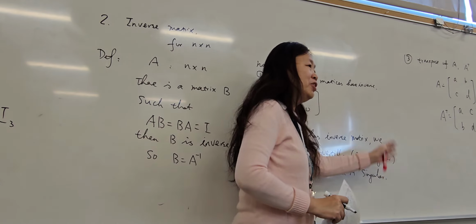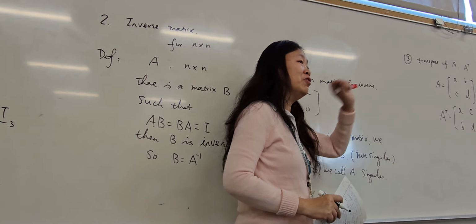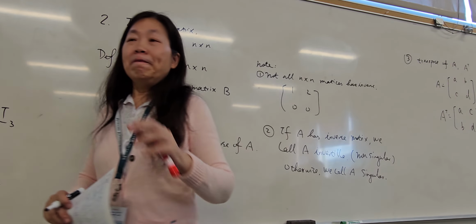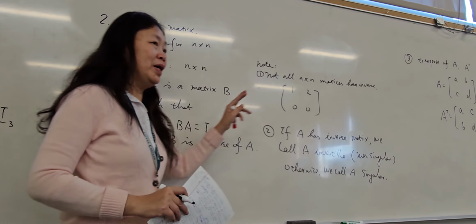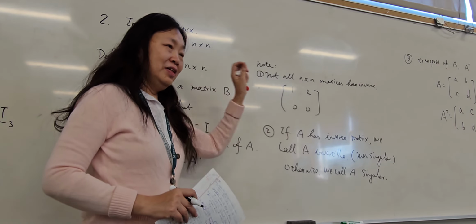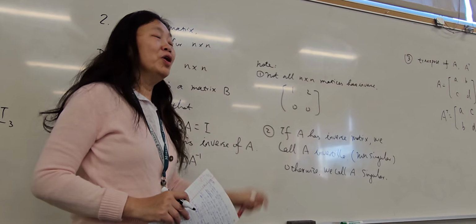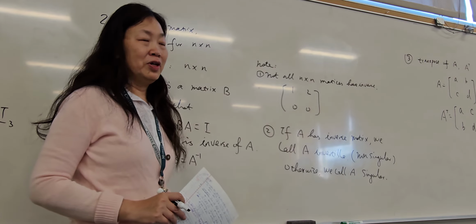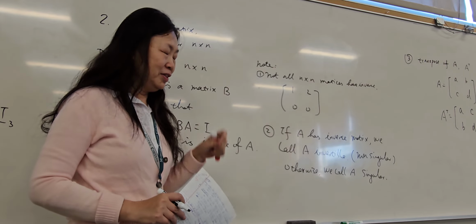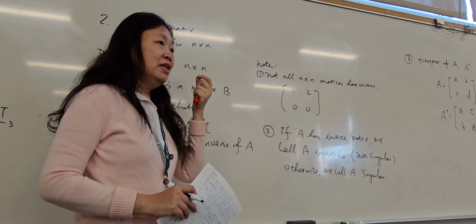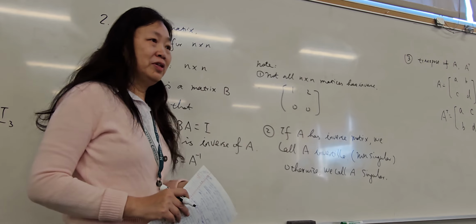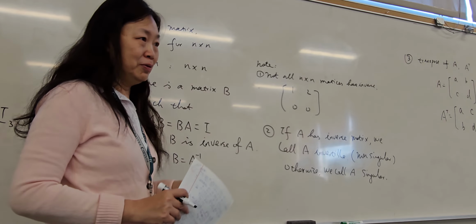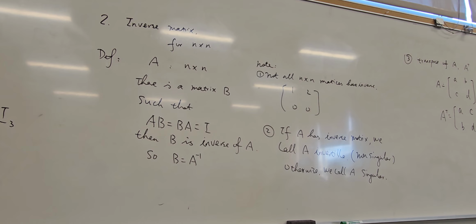They will say, "Oh, this is a singular matrix." Singular matrix means that they don't have an inverse. Non-singular means that they have an inverse. So, as an engineer, you want to find a non-singular matrix. You want to find an invertible matrix. You don't want to find a singular matrix. You guys follow me here? You want it to be invertible, because only invertible allows you to do a lot of stuff.